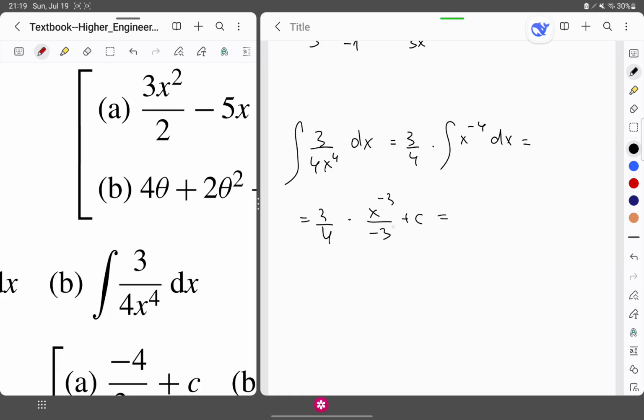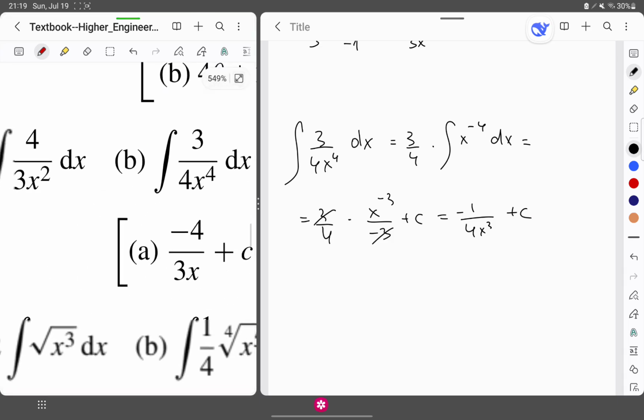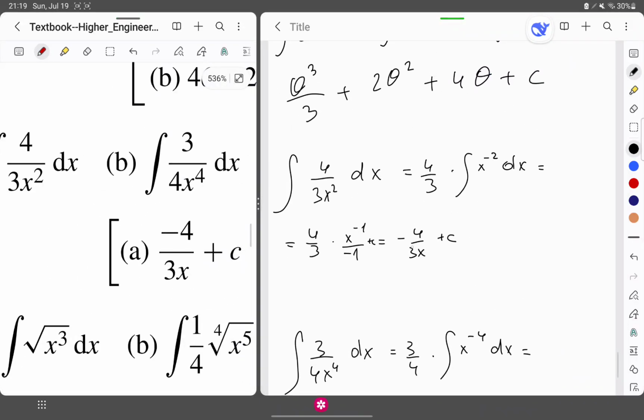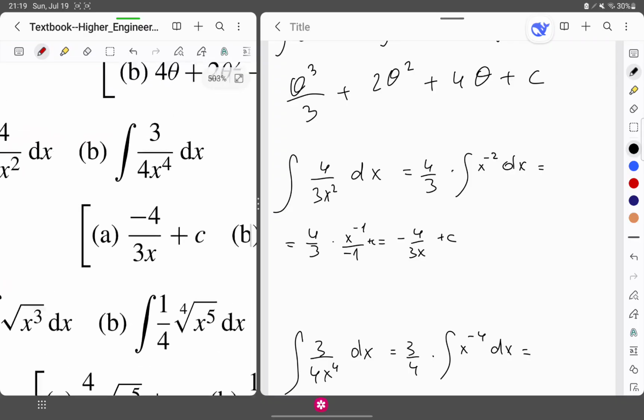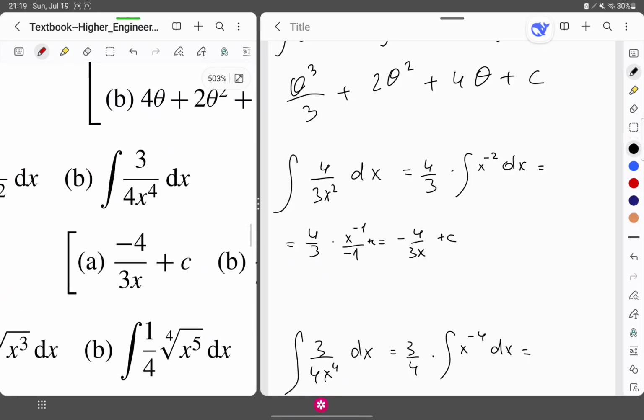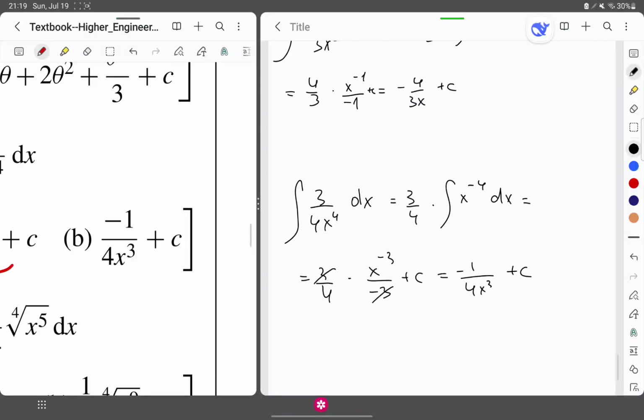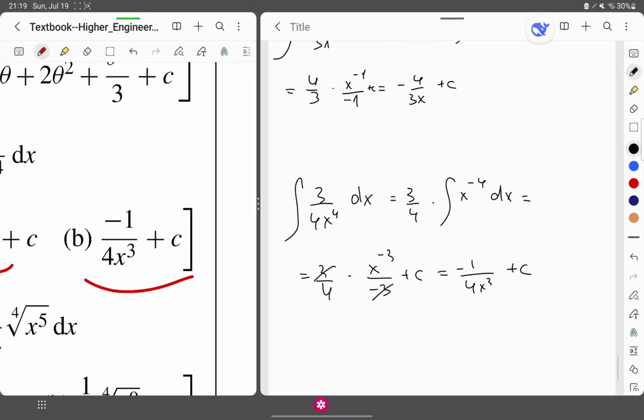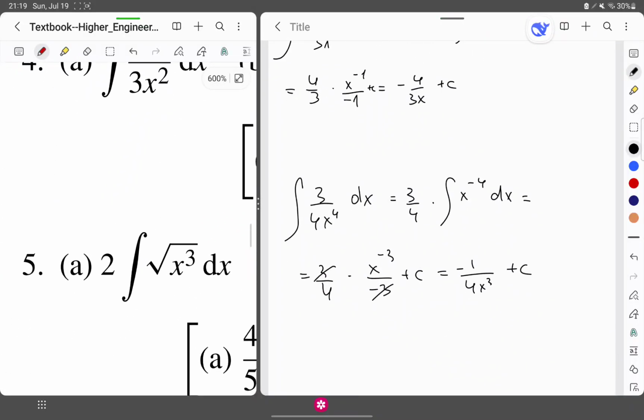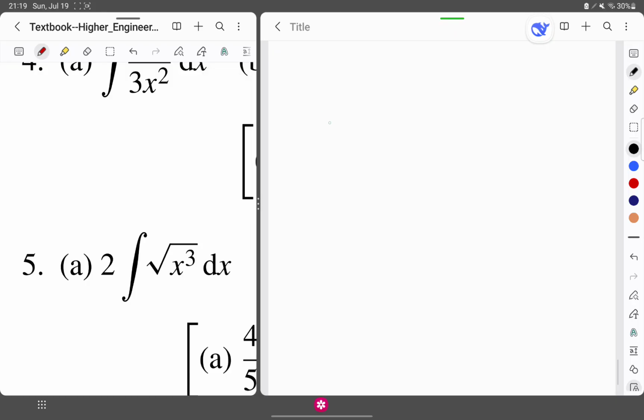The negatives will cancel: negative 1 over 3, negative 1 over 4, x cubed plus c. Is that true? Yeah, exactly. Good job.